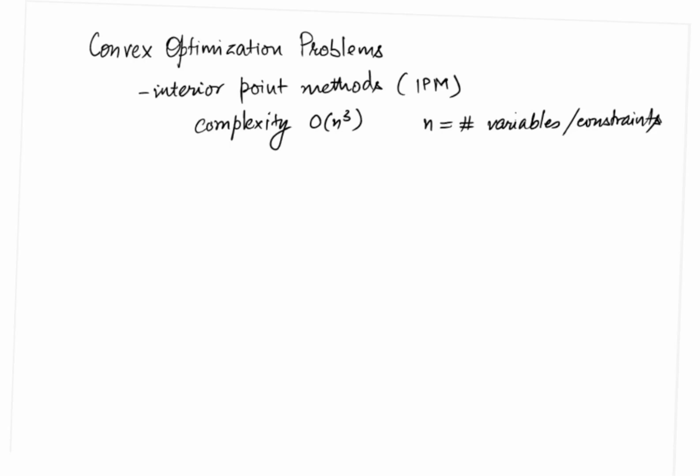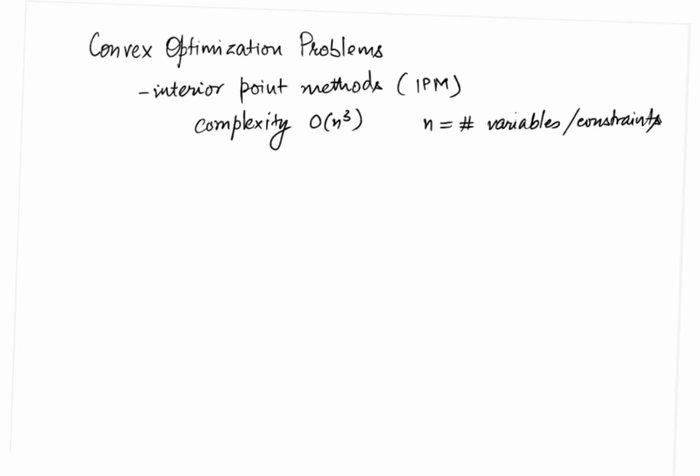If you consider their modern avatar, the computational complexity of interior point methods grows as n cube. This is in contrast with other more difficult problems such as integer programming problems, where algorithms have computational complexity that grows exponentially with n. So in that sense, we say that convex optimization problems can be solved efficiently using interior point methods.